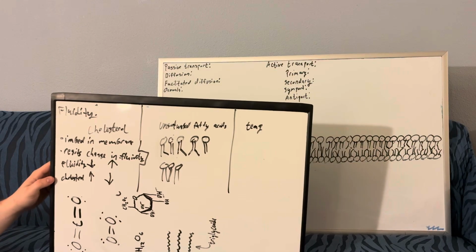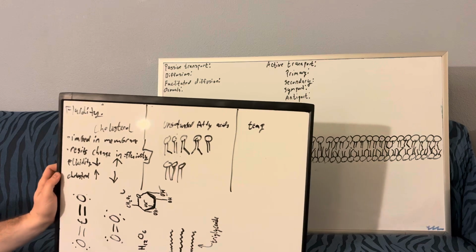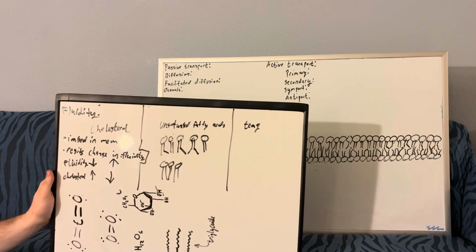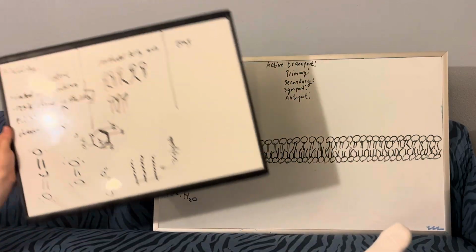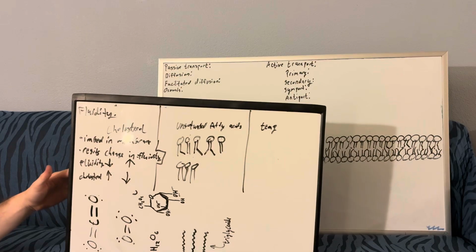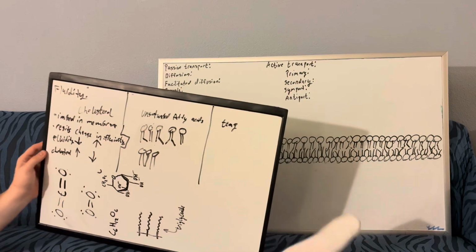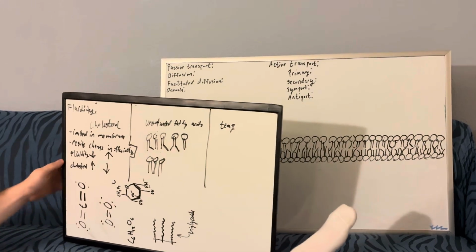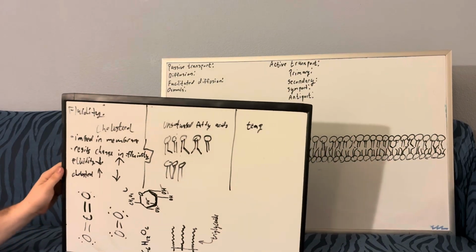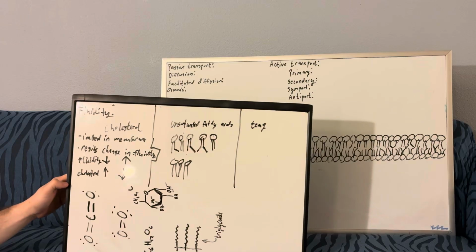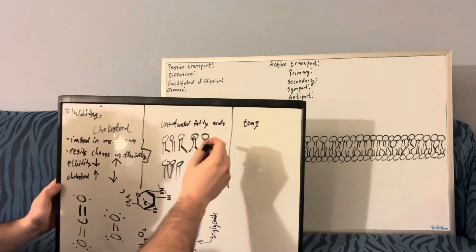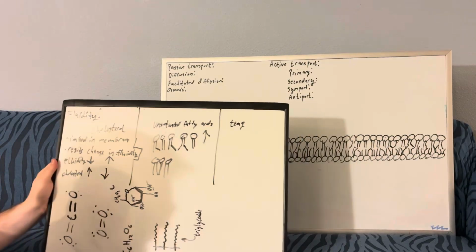You can't spread out, you're cramped together, you can't move around, you're not very fluid. But these unsaturated fatty acids are kind of like, we're on the couch now, you're relaxing, you're kicking back, you're spreading your arms out, you're comfy. That creates more space. You're taking up more space than you were when you were cramped in that elevator. So that increase in space is going to increase fluidity.